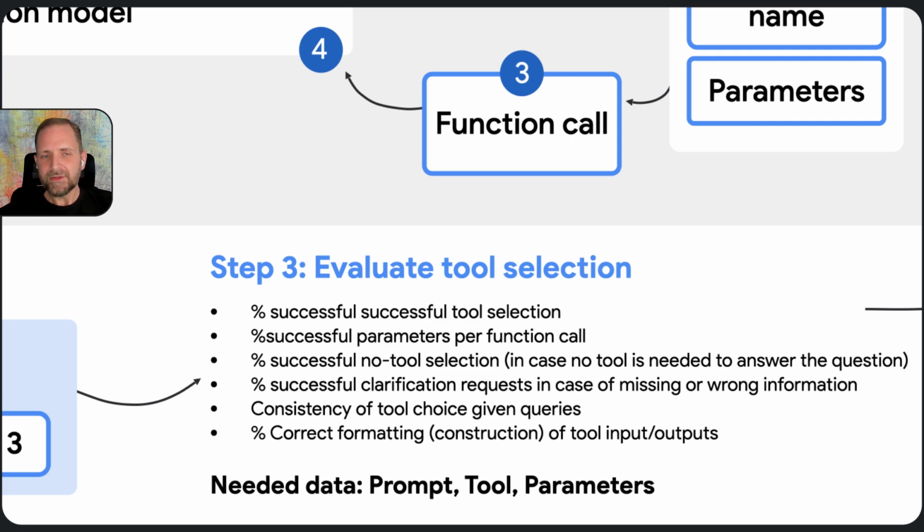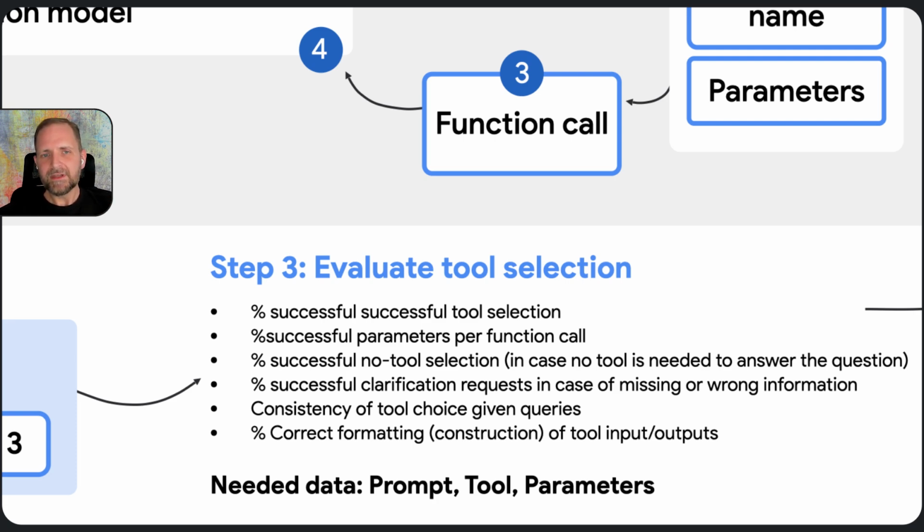The first evaluation that we run is about tool selection. So we need to check the success rate of the tool selection. We need to check the success rate in terms of the parameter creation for the function calls. We need to check if the model needs to call a tool or not, and what the success of this is. This is an example of metrics that you can use.